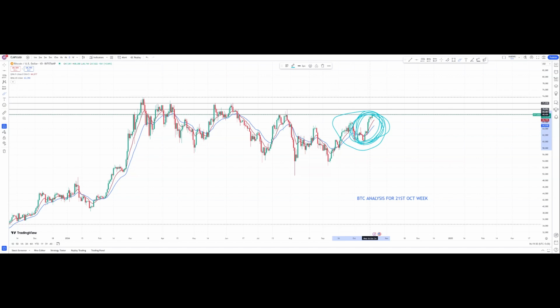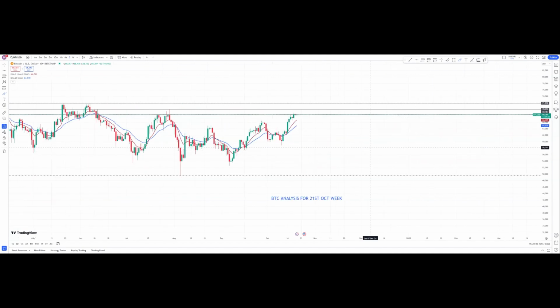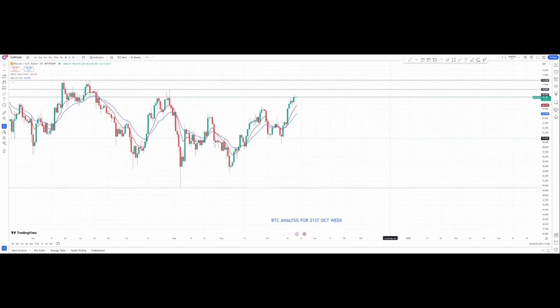So the people who have taken the trade from 11th of October have enjoyed 10,000 points from Bitcoin. So these are the analysis for Bitcoin, and please handle your risk management effectively.